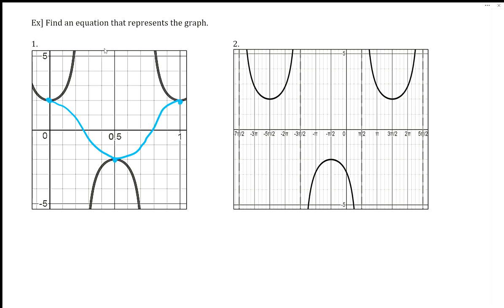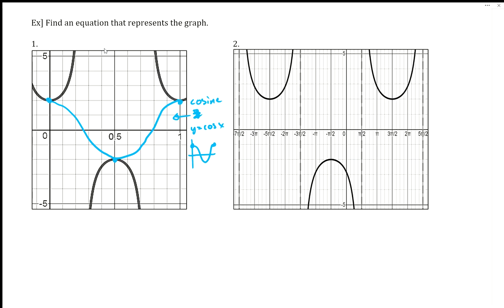Okay, so based on this in the blue, well, it starts up high. This looks like a generic cosine curve. Let's just say cosine, because we know here's the most basic cosine curve. It starts up high and does that.